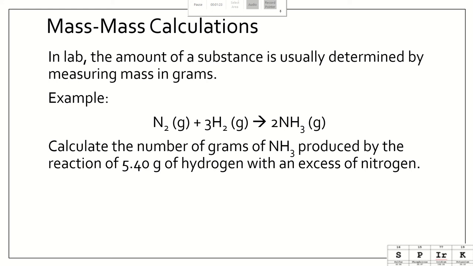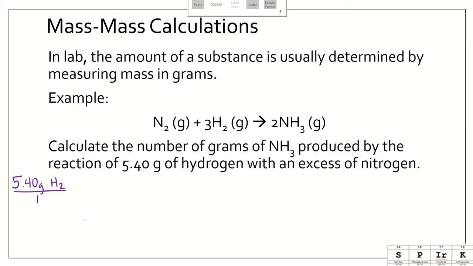So we always start with what we know. So we're just going to begin with the 5.40 grams of hydrogen. So grams of H2. Remember that hydrogen is a diatomic element. So we have 5.40 grams of H2, and we need to convert that and figure out how many grams of ammonia we are going to get back whenever we react 5.4 grams of hydrogen.